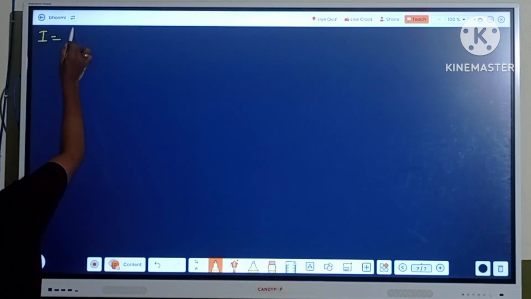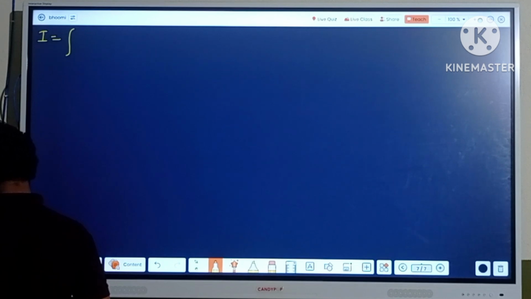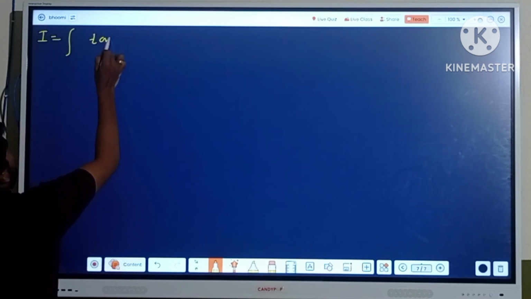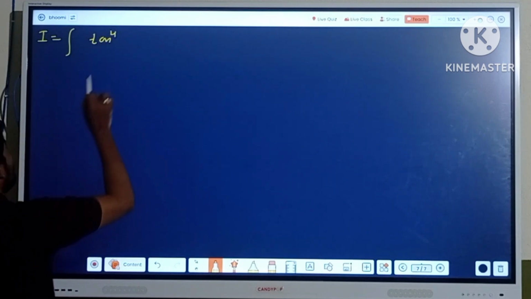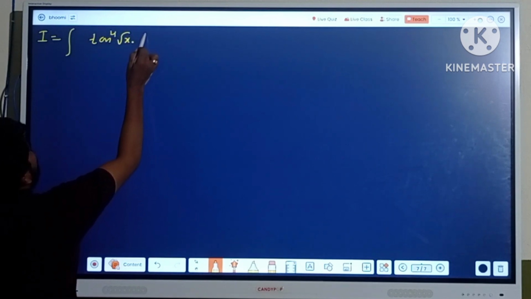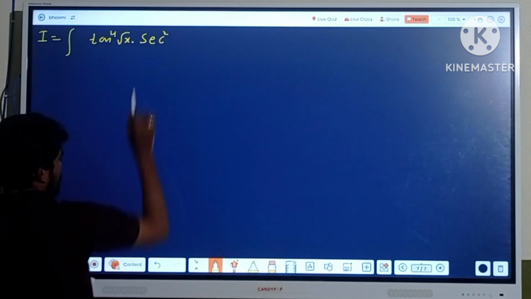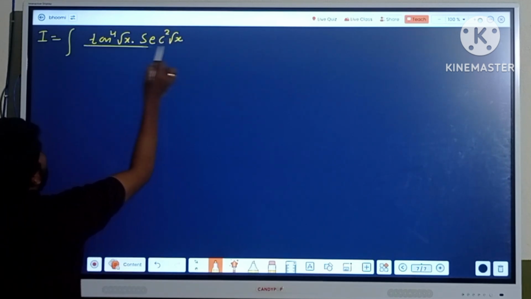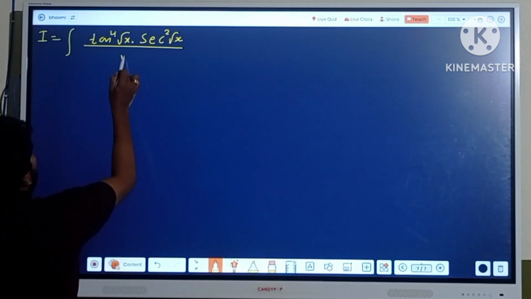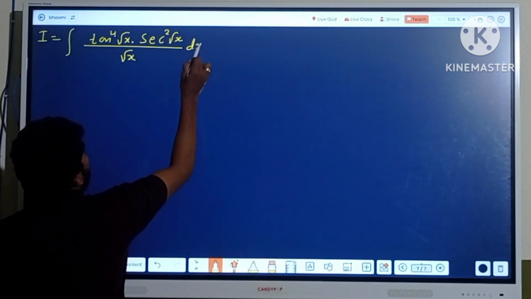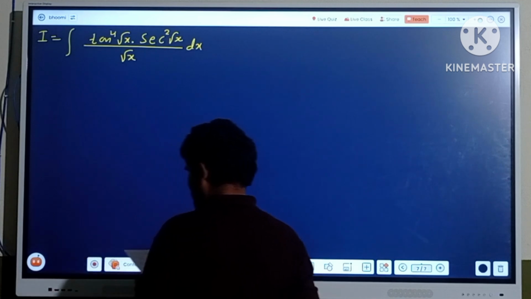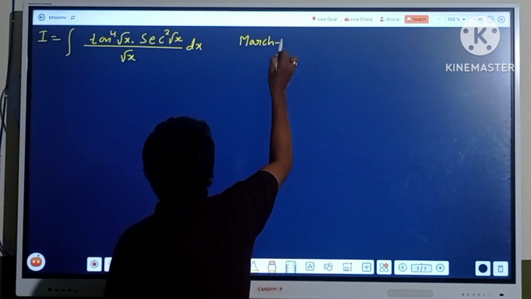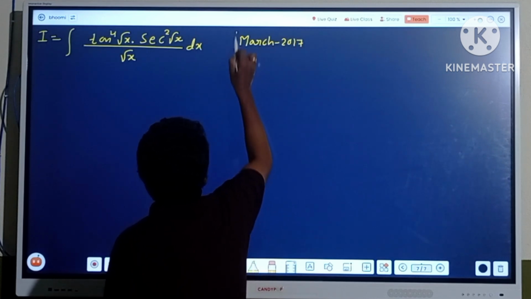Evaluate I equal to the integration of tan power 4 root x into secant square root x into secant square root x divided by root x dx. This question was asked in March 2017.